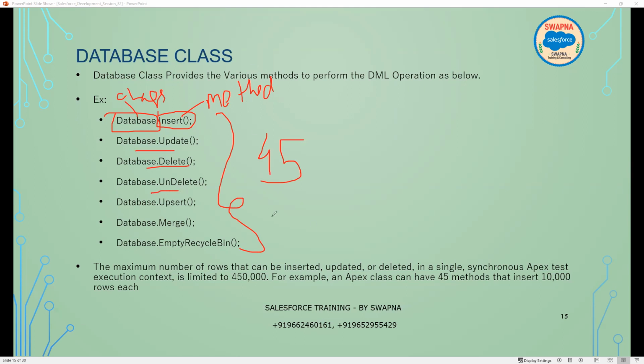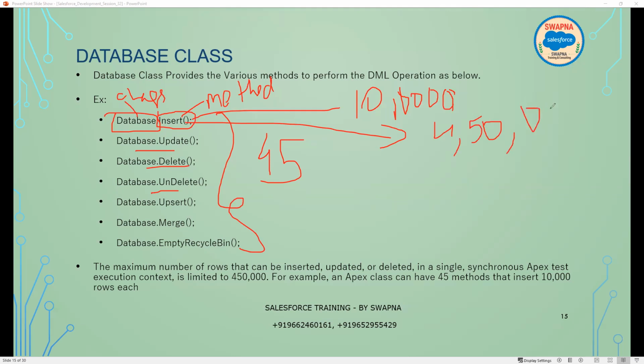All these can be written 45 times. Each method can process 10,000 records. If you have written a single method, then the total limit is 450,000.